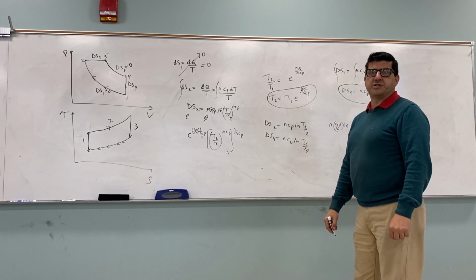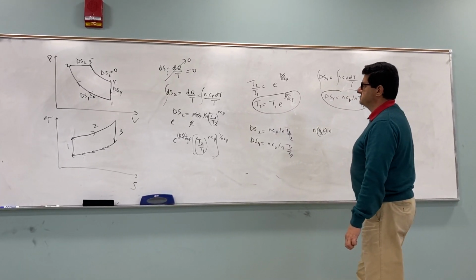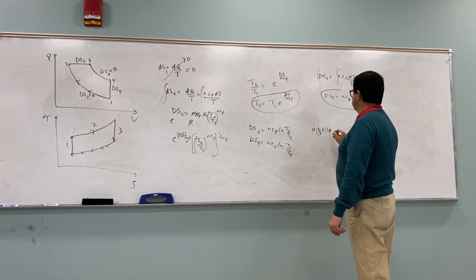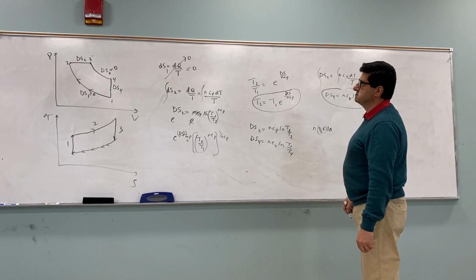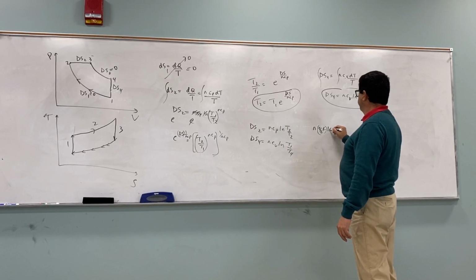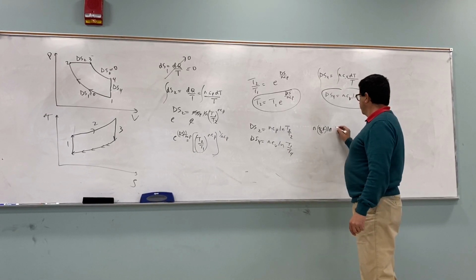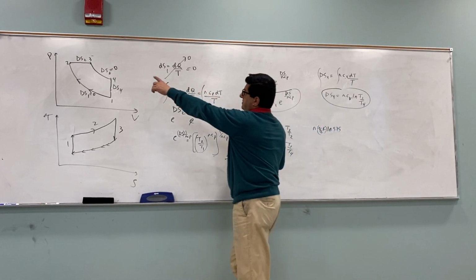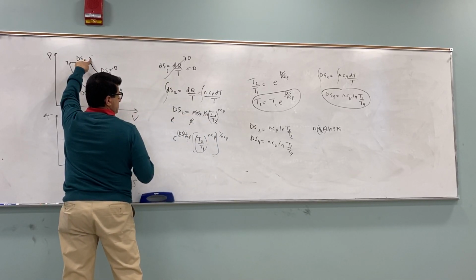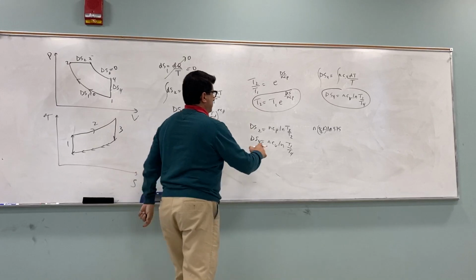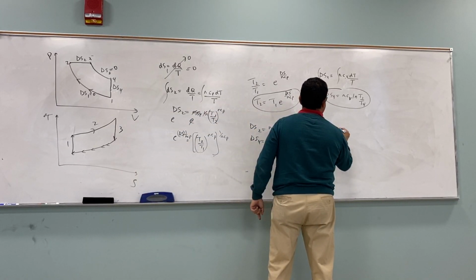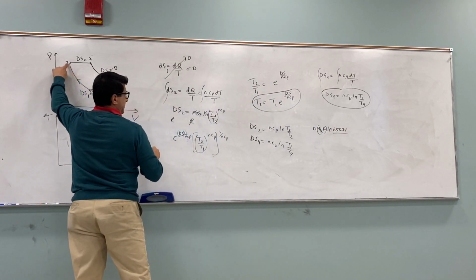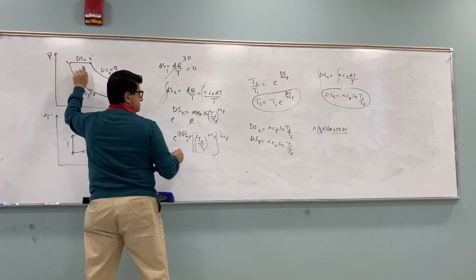You can just go grab the T3. 658.84, and then divide it by the temperature here, 368.84.